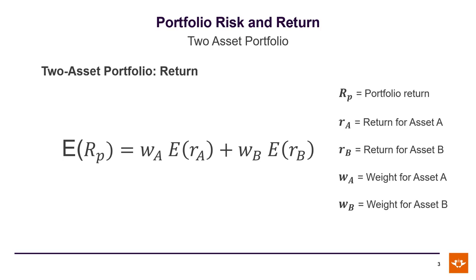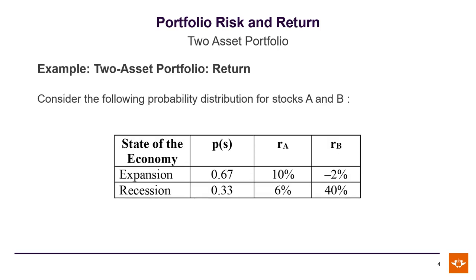I'm going to try and understand these concepts for a portfolio by means of an example. So you have the following probability distribution for stocks A and B. We're going to look at the state of the economy, and the economy only has two phases, expansion and recession.